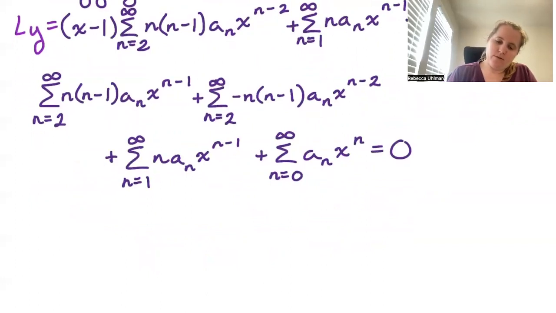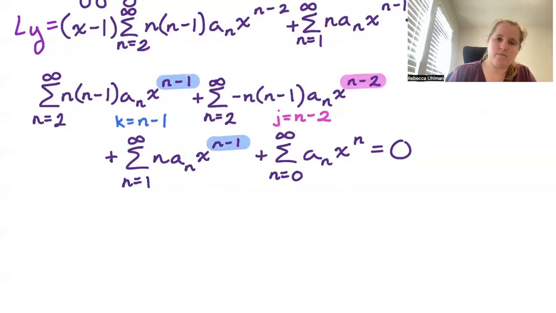So if we go about reindexing, we have one term with an exponent of n minus 2. We are going to have to reindex that one by setting j equal to n minus 2. Then again, we have n minus 1 and n minus 1. I'll reindex that with k equals n minus 1.